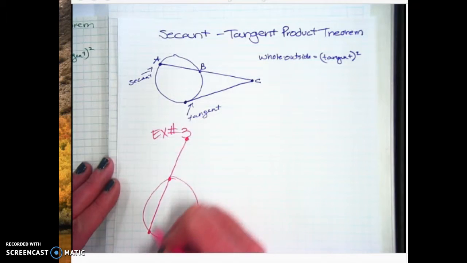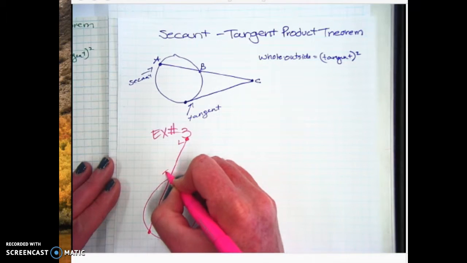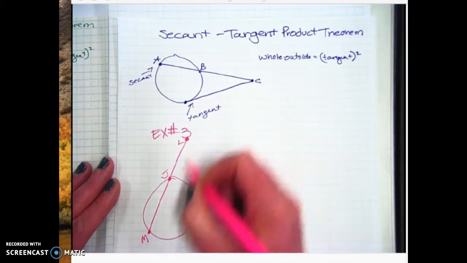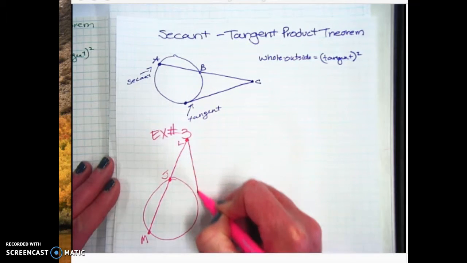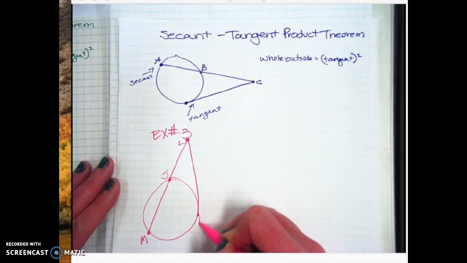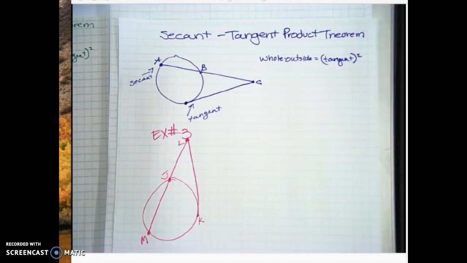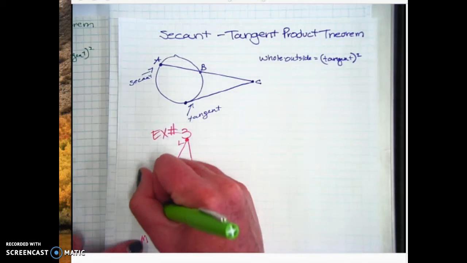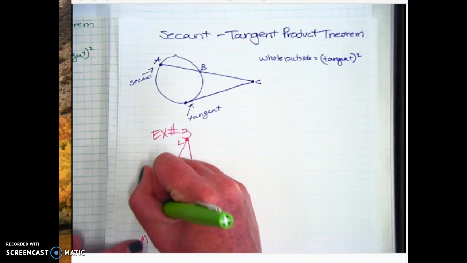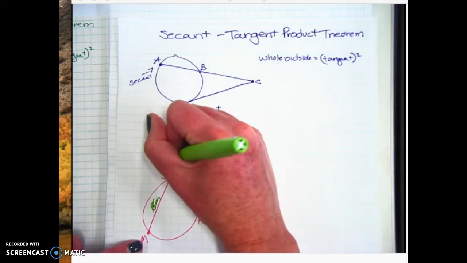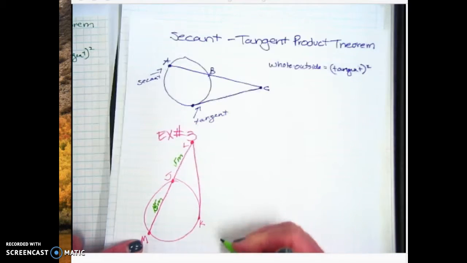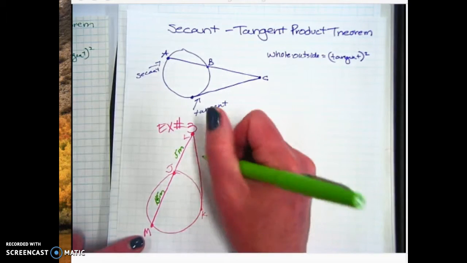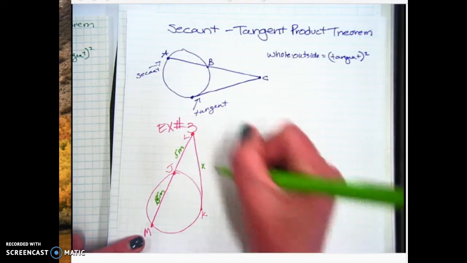We'll call that one L, J, M. The other one's going to go from L and just touch the side over here in one little spot. That's their tangent. Okay, so here are some measurements. From M to J is just 15 meters. And from J to L is 5 meters. And the piece that's missing, the length that we don't know, is that tangent over there.